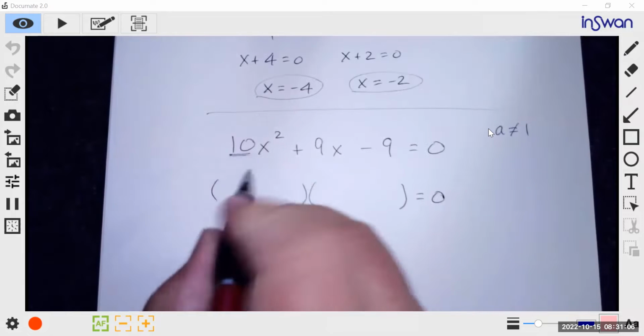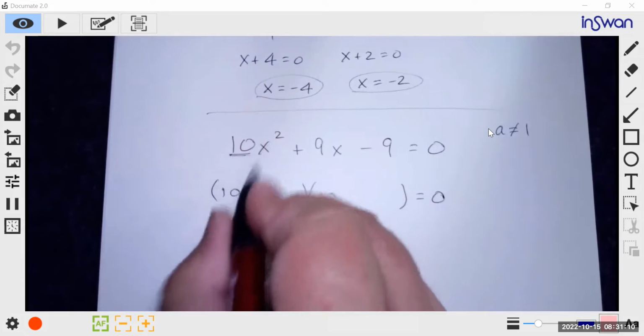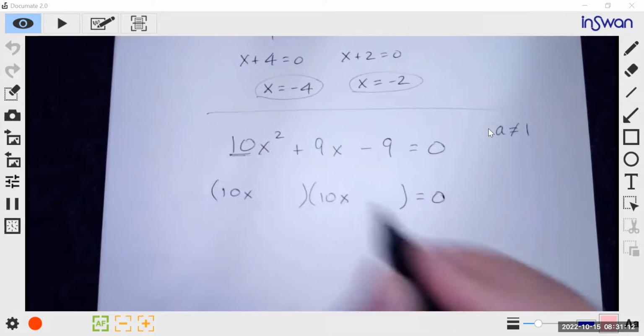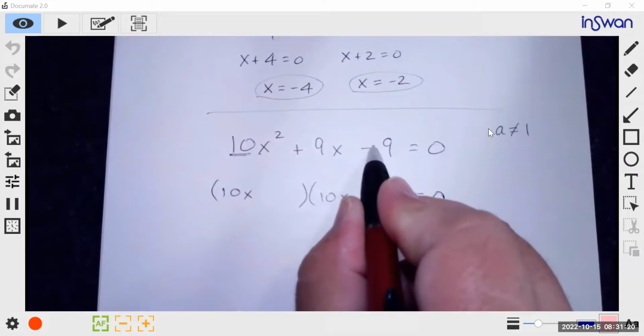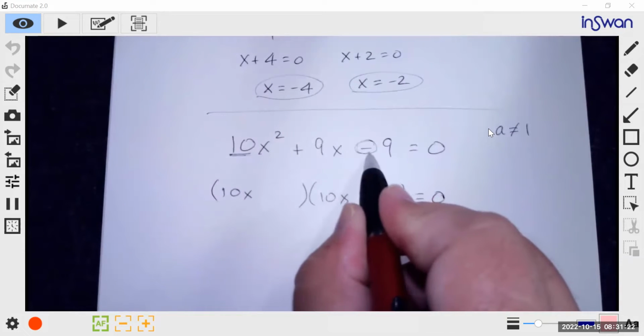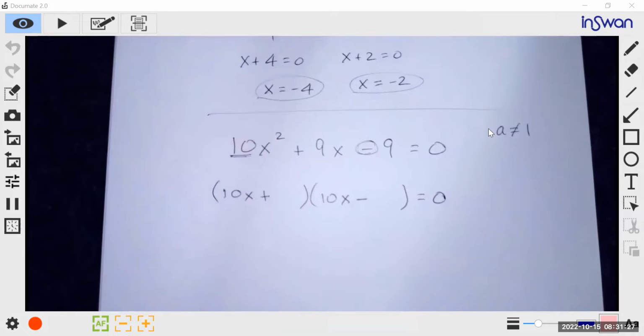So whatever number's in front of here goes in the first spot. And since it's an x squared, they both get an x. The signs, do the same thing with the signs. Since the second sign is a minus, that means they're opposite. One's a positive, one's a negative.